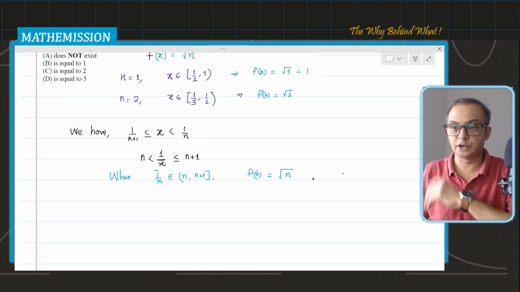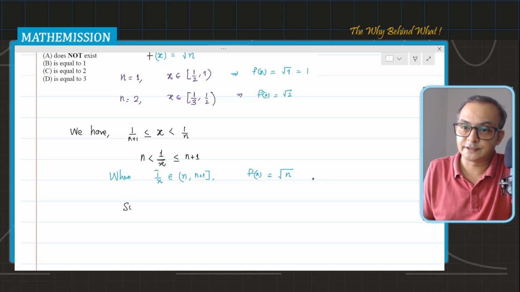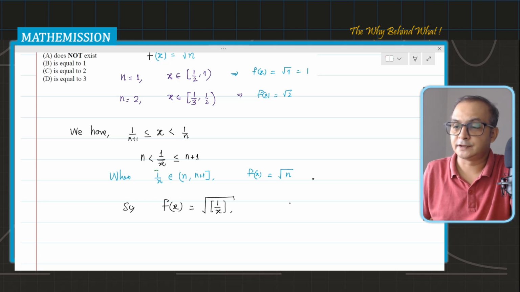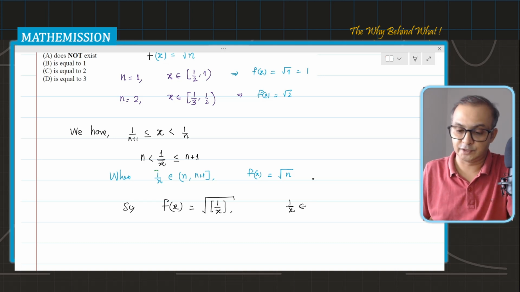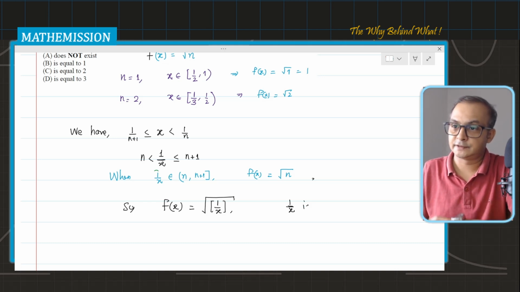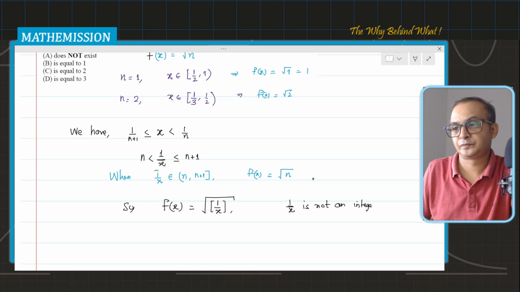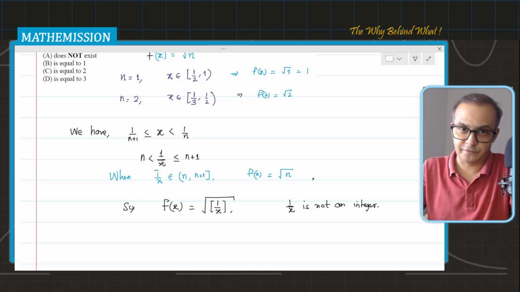If I want to write like that, I can say that fx is the square root of the greatest integer of 1 by x, provided 1 by x is not an integer. So let me write it this way, is not an integer, and it will not affect.